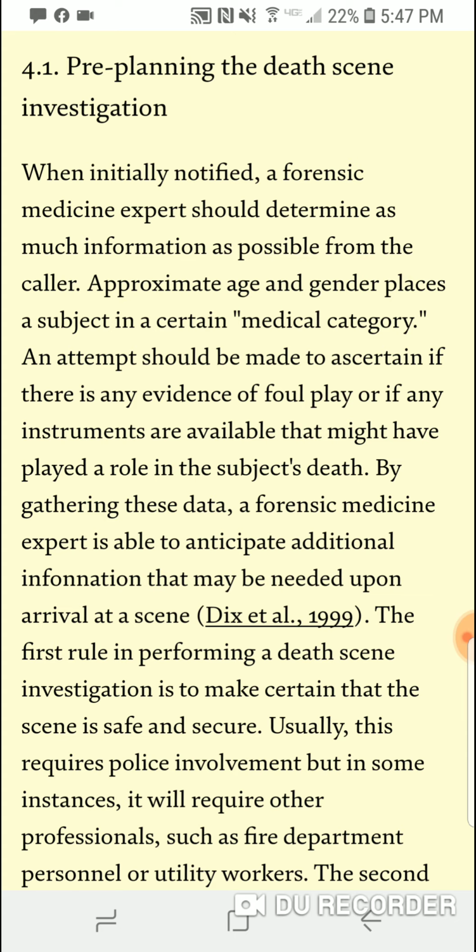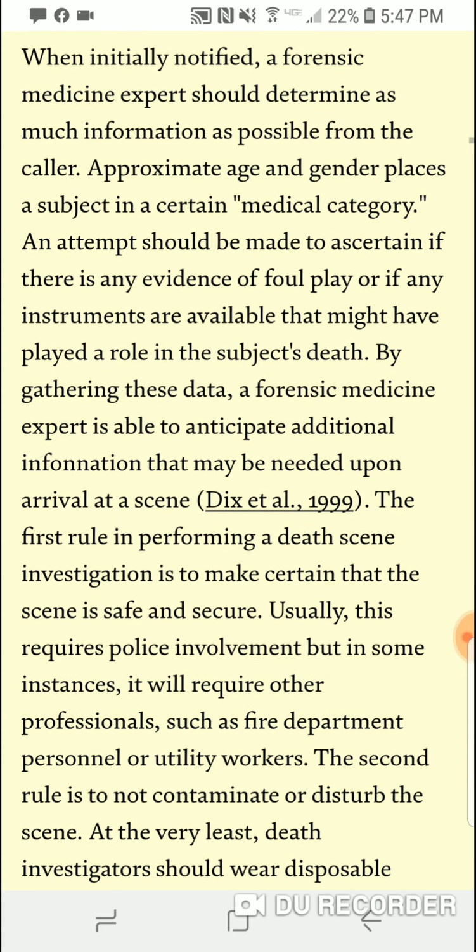Pre-planning the death scene investigation. When initially notified, a forensic medicine expert should determine as much information as possible from the caller. Approximate age and gender places a subject in a certain, quote, medical category. An attempt should be made to ascertain if there is any evidence of foul play or if any instruments are available that might have played a role in the subject's death.